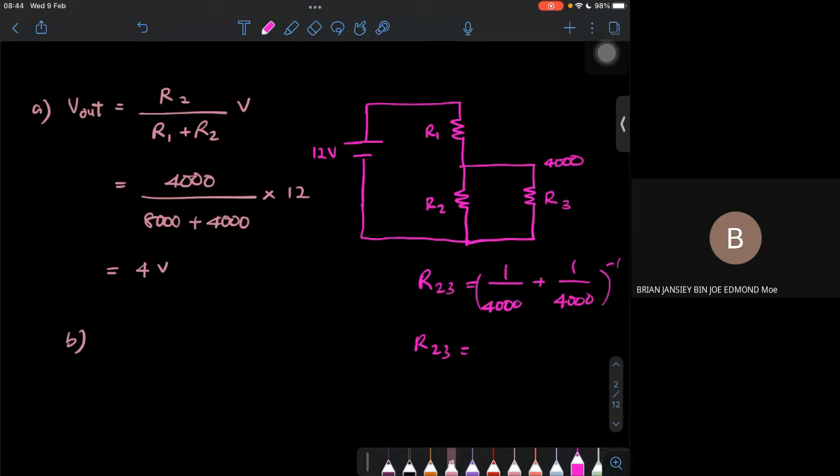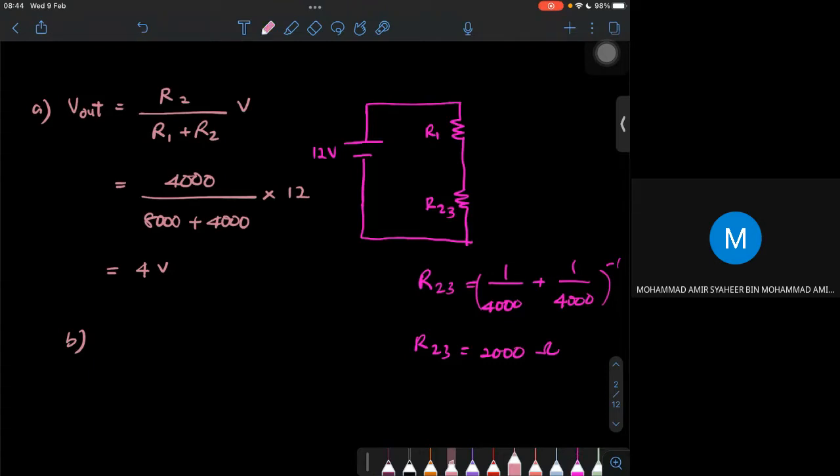R23. 2,000 ohm. So kita sudah simplify this tu, maksudnya sekarang ni our resistor is like this. Okay, dia akan jadi R23 lah dekat sini.